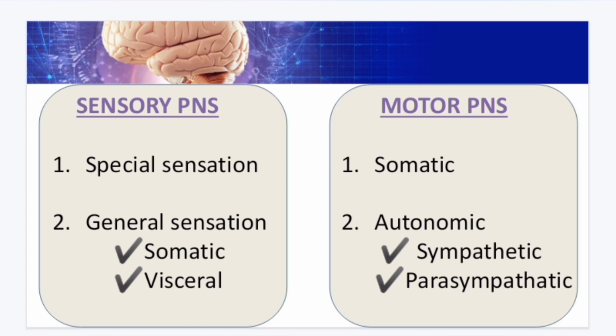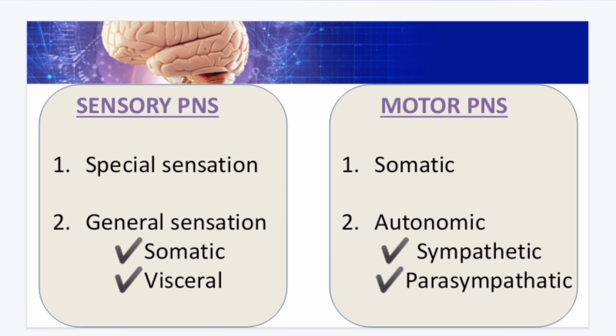And under general sensation there are two classifications, somatic sensation and visceral sensation. Somatic sensation mainly deals with the locomotor system, the reaction or stimulus originating from the skin, fascia, etc. Visceral sensation mainly deals with dull pain, distension of the viscera, and so on.